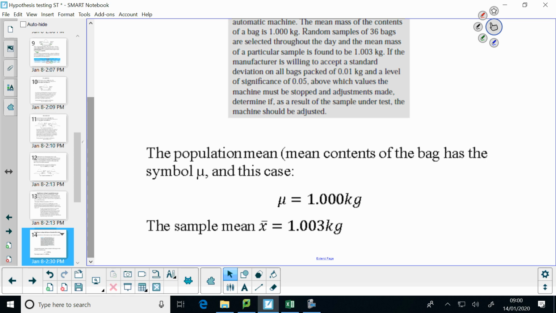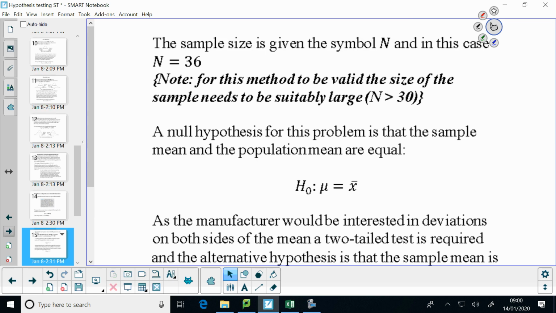So, all okay with that so far? Yeah? The sample size is given the symbol n, and in this case n is equal to 36. Note, for this method to be valid, the size of the sample needs to be suitably large, n greater than 30, and it is.